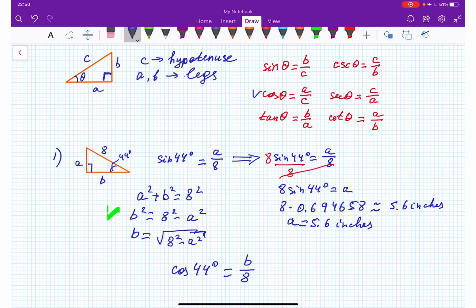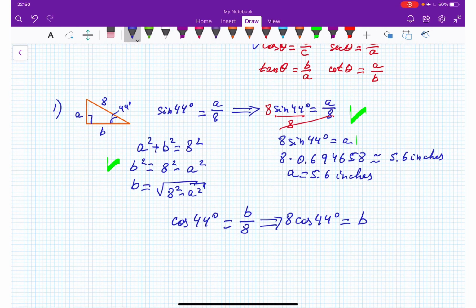The hypotenuse is 8. From here, using the same method, I can say that 8 times cosine 44 degrees is equal to B.